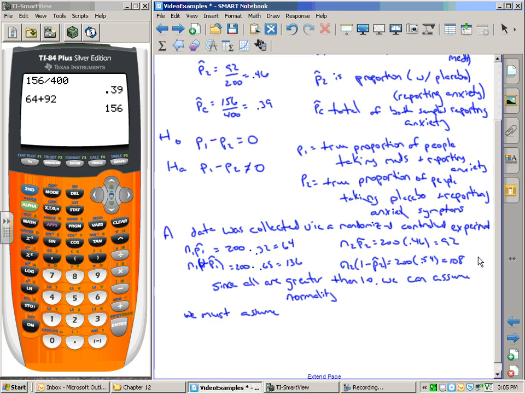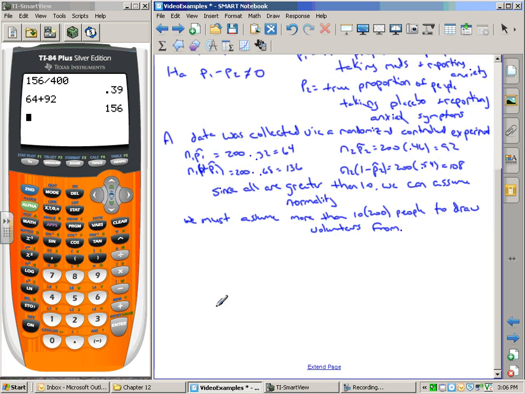We must assume more than 10 times 200 people to draw volunteers from. Okay, so those are our 3 assumptions.